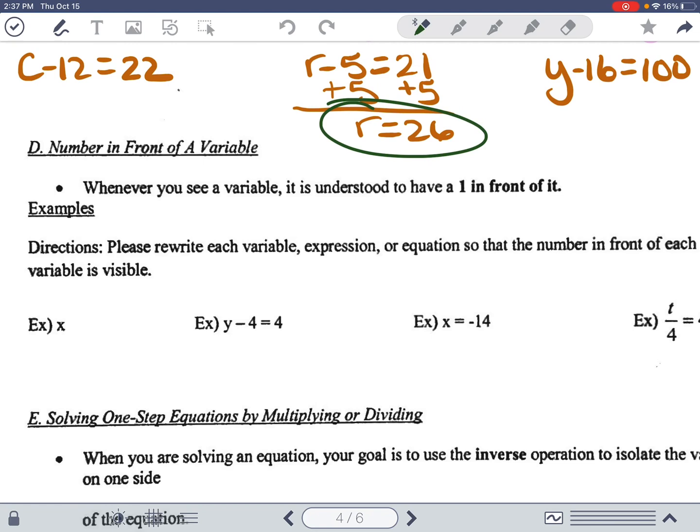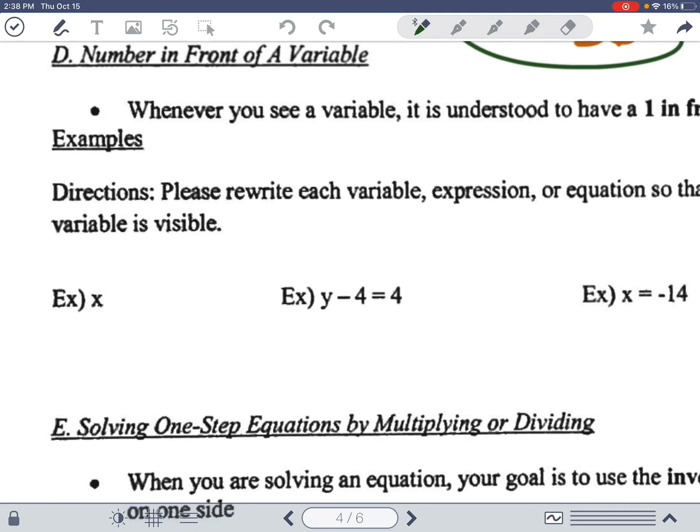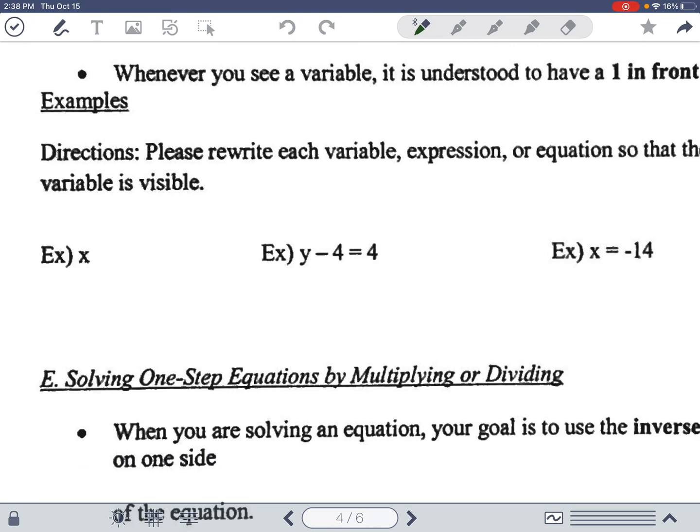All right, whenever you see a variable, it's understood to have a 1 in front of it. Some examples. Variables always have a coefficient, which is the number to the left being multiplied to the variable. But if you see nothing, like a plain old x by itself, it's really 1x, okay? Y take away 4 is really 1y take away 4.